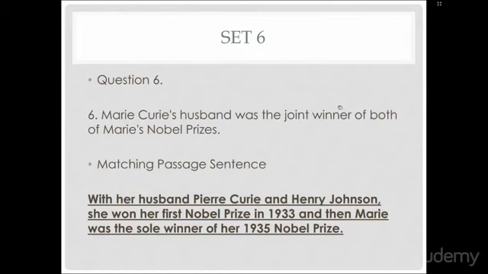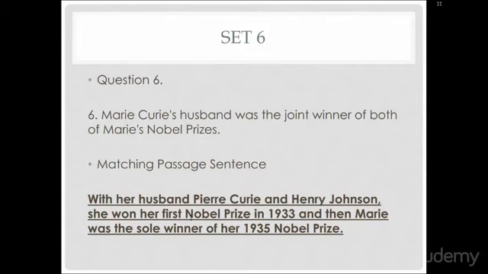So, joint winner of both. When we look at the passage, it says that with Pierre Curie and Henry Johnson, she won her first Nobel Prize, and then she was the sole winner of the 1935 prize. So, number 6 is an example of false.